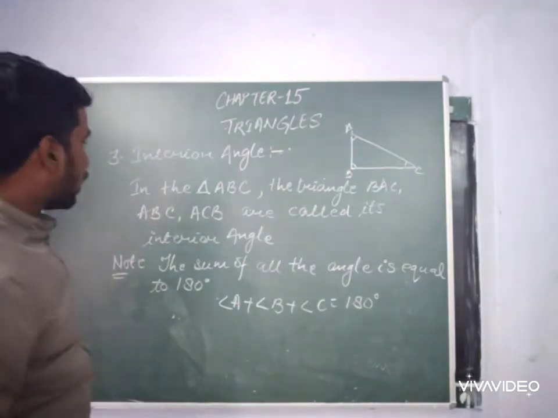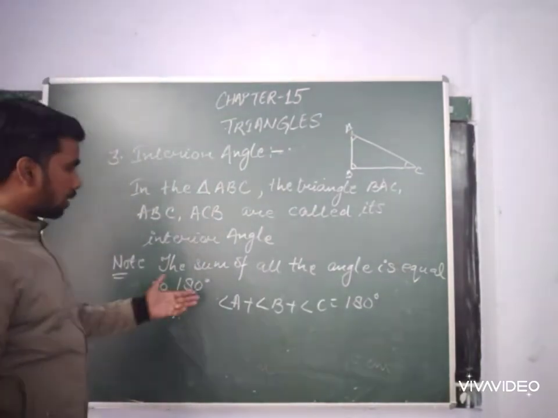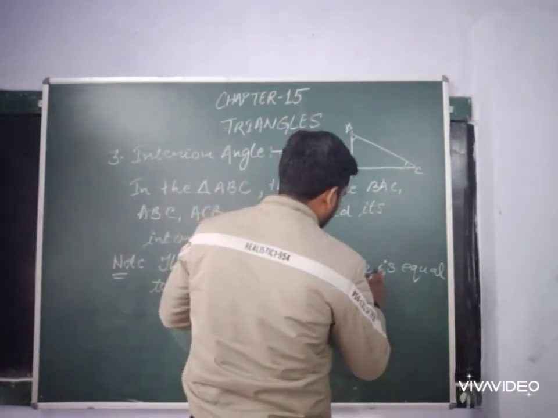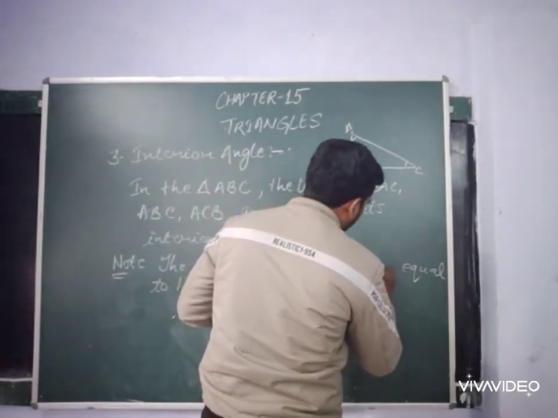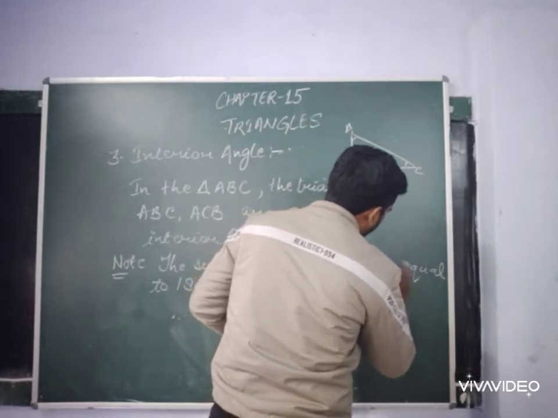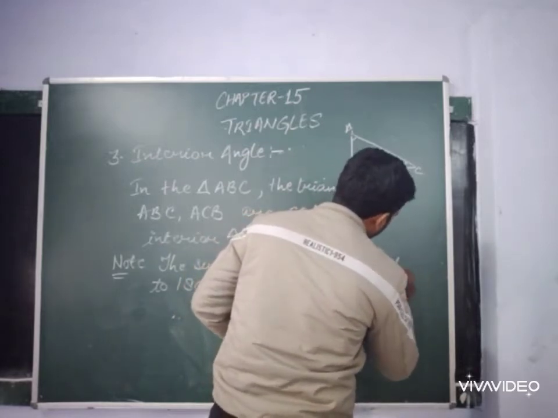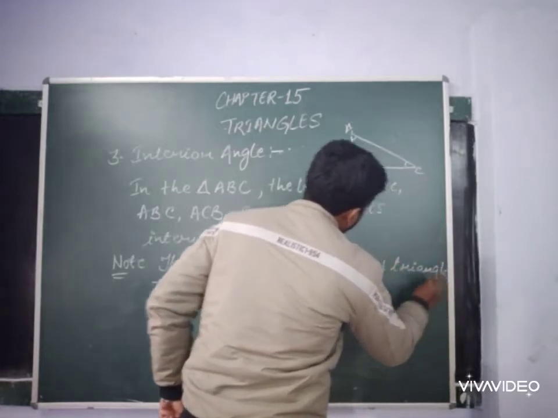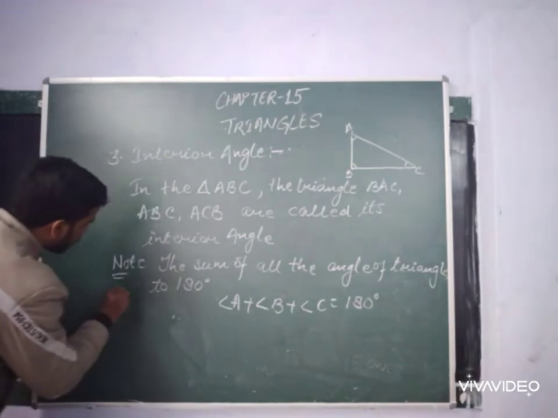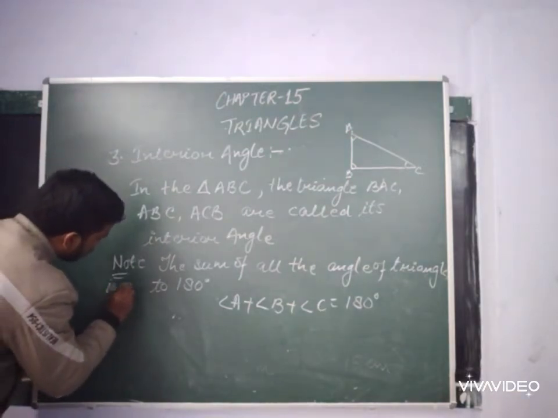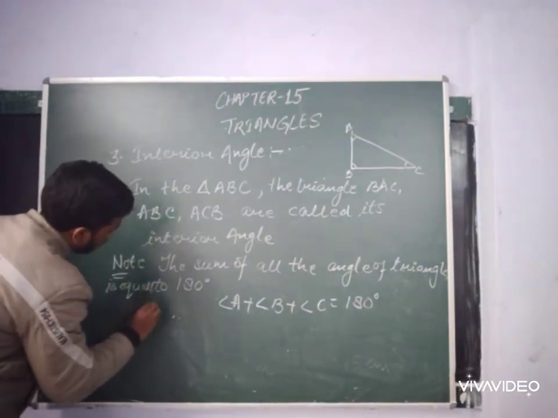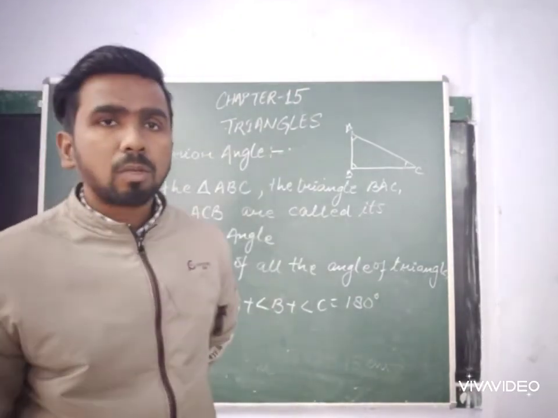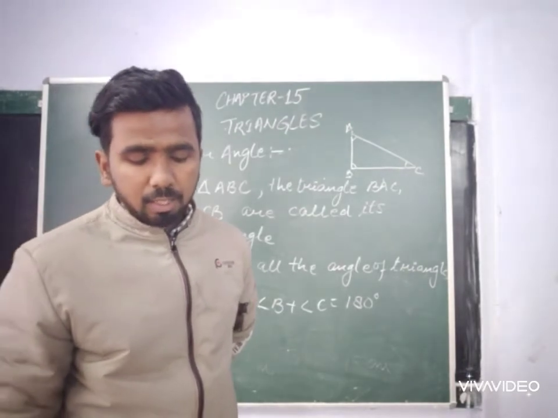In the case of interior angles, the sum of all the angles of a triangle is equal to 180 degrees. I hope you have understood what you mean by the interior angle.